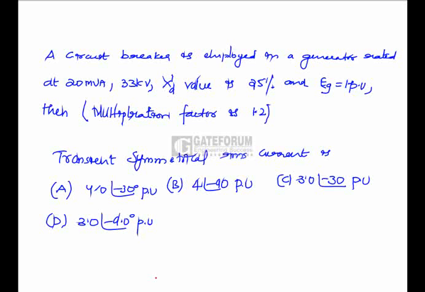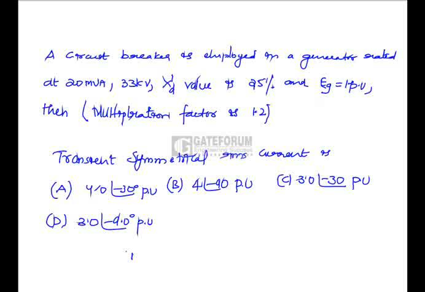A circuit breaker is employed in a generator rated at 20 MVA, 33 kilovolts and Xd dash, that is transient reactance value is 25% and generated EMF Eg is equal to 1 per unit. Then what we have to find in this question is transient symmetrical RMS current. He has given a multiplication factor of 1.2, that we can use later. Now let us find transient symmetrical RMS current.